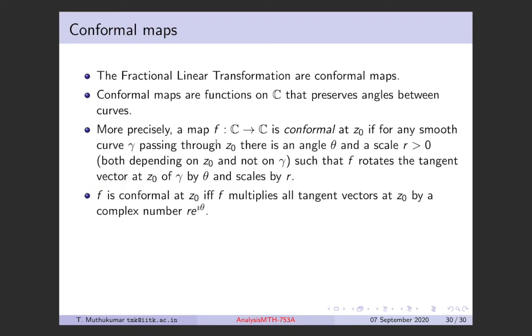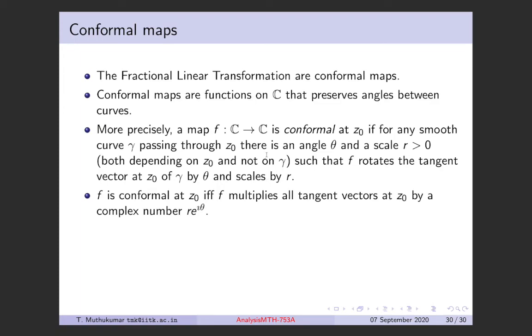And what the conformal definition at z naught is doing is that this map f is rotating the tangent vector by an angle and then dilating it by r. So there is a rotation and dilation happening, which means f is multiplying the tangent vector by a complex number.